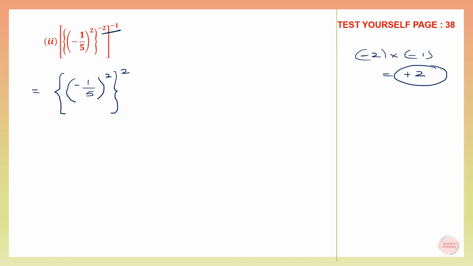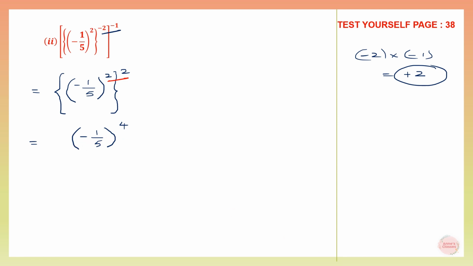Now we have to work on these two powers. 2 2s are 4. So what will we have here? We'll have minus 1 by 5. Now this whole thing is now raised to the power of 4. 2 2s are 4. Then again, have a look at the sign. This is a minus sign and the power is an even number. That means your answer is going to be positive, no minus sign.